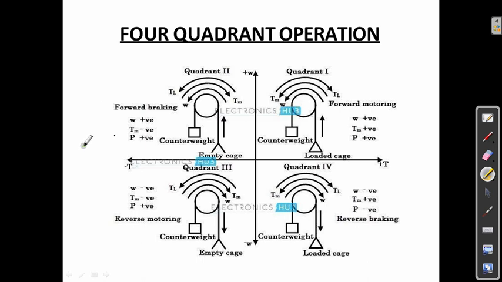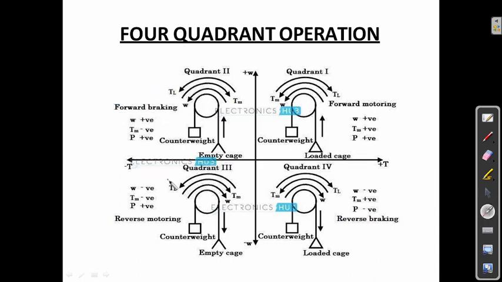The lift will go from down to upside. For example, if it is at the first floor and we want to stop the lift, braking is applied by changing the direction of the motor torque relative to the speed. Now we can call this forward braking because the motor is in the forward condition.